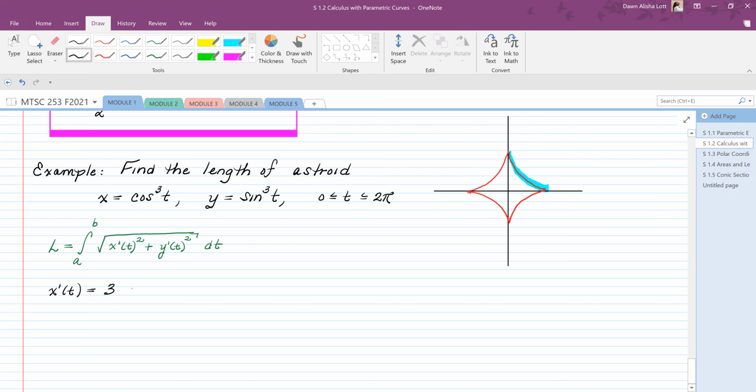We're going to get 3 times the cosine squared of t, and the derivative is going to give me a sine t. And then if I square that, I'm going to get 9 cosine to the 4th of t times the sine squared of t.